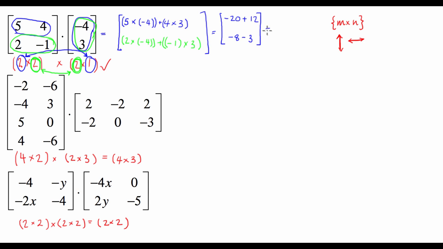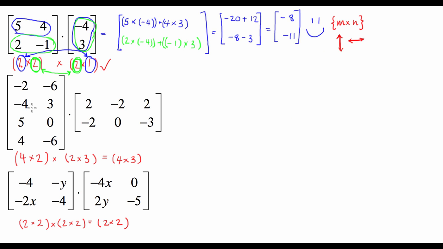Then we finally just compute the answers. So -20 plus 12 is -8, and -8 take another 3 is -11. We've resulted in a 2 by 1 matrix at the end, which is what we're after. So we're happy with the first one.